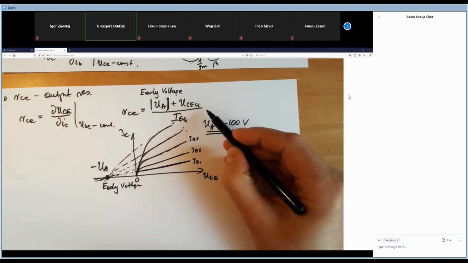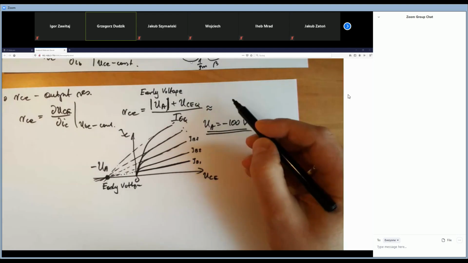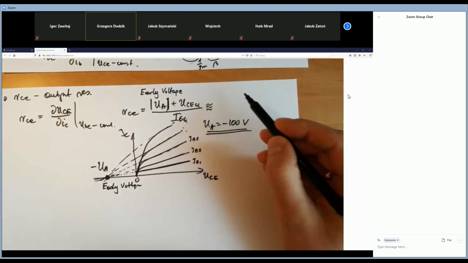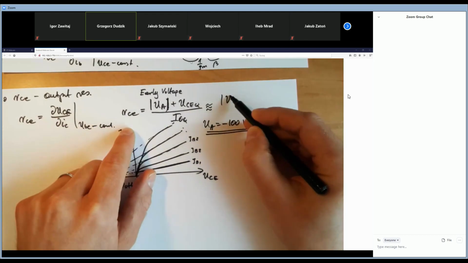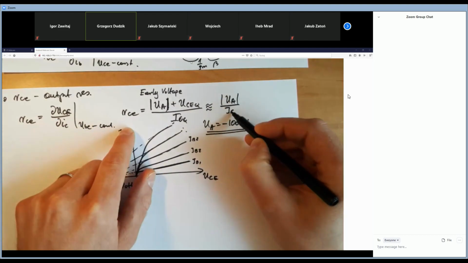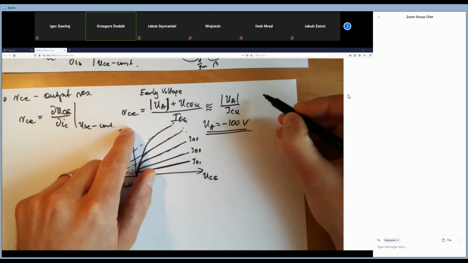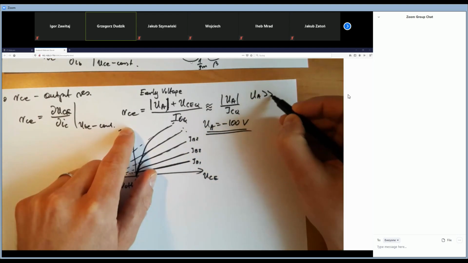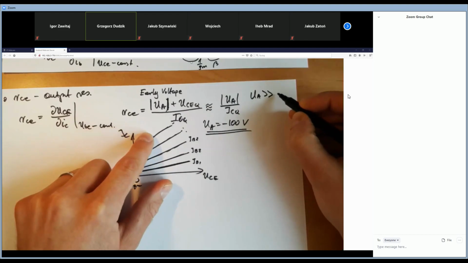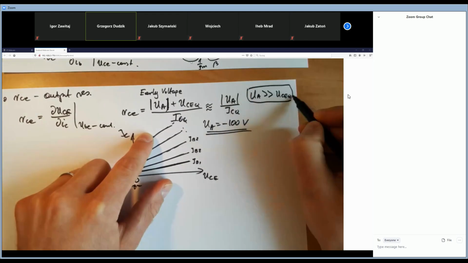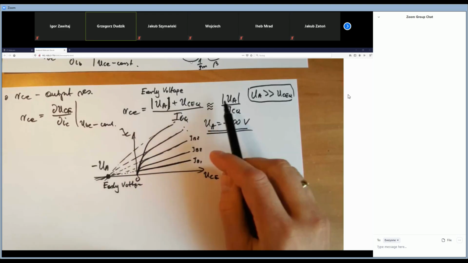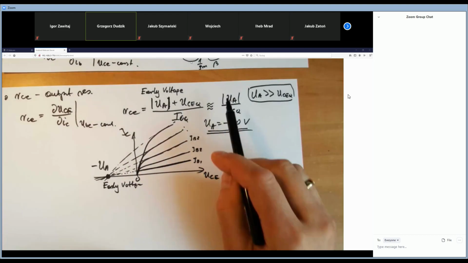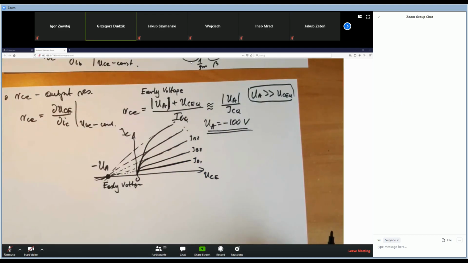So we can use the simple formula for the RCE, like the module of UA over ICQ. Why? Because UA is much bigger than UCEQ. So as you see, we can use this formula or this one.